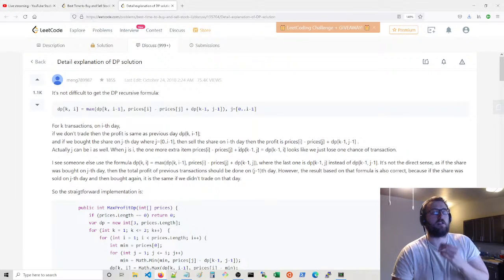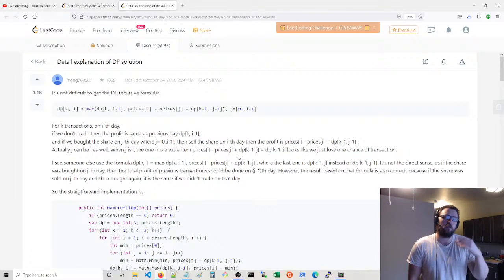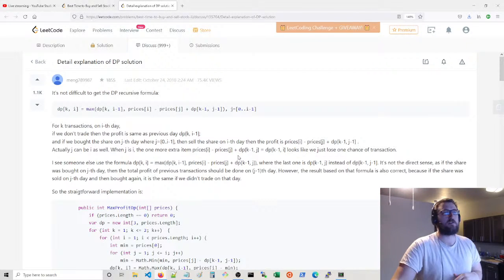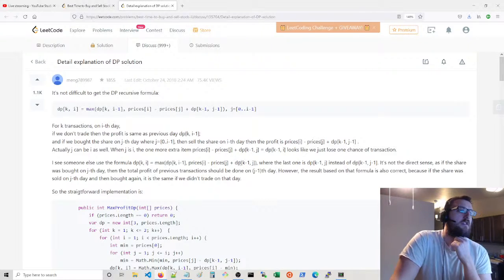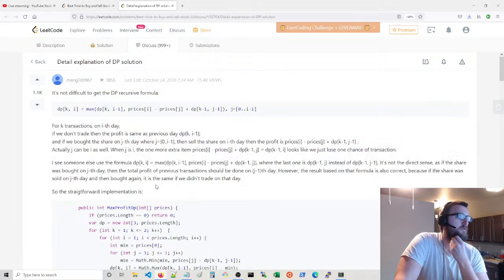And you lost the transaction. Mathematically that would be buying and selling on the same day, but what it ends up being is just losing a transaction for that day. You can't actually buy and sell on the same day per the rules, but the math actually works out.